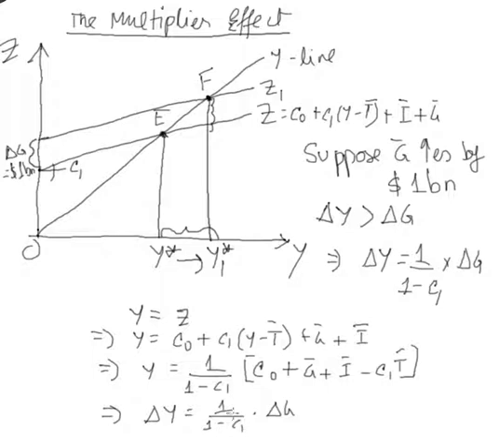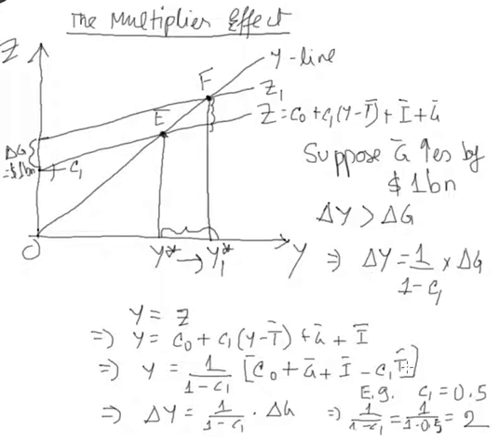Note that C1 is MPC, which is less than 1. Therefore, this whole fraction is greater than 1. So for example, if C1 equals 0.5, then 1 over 1 minus C1 equals 1 over 1 minus 0.5, which is equal to 2. 1 over 1 minus C1 is known as the multiplier.